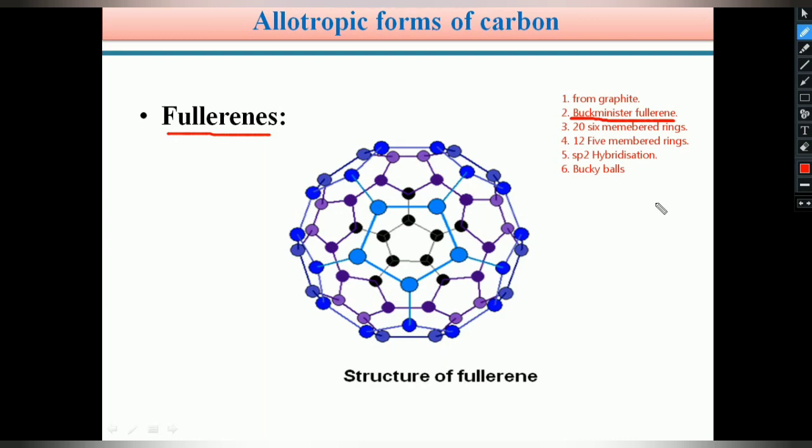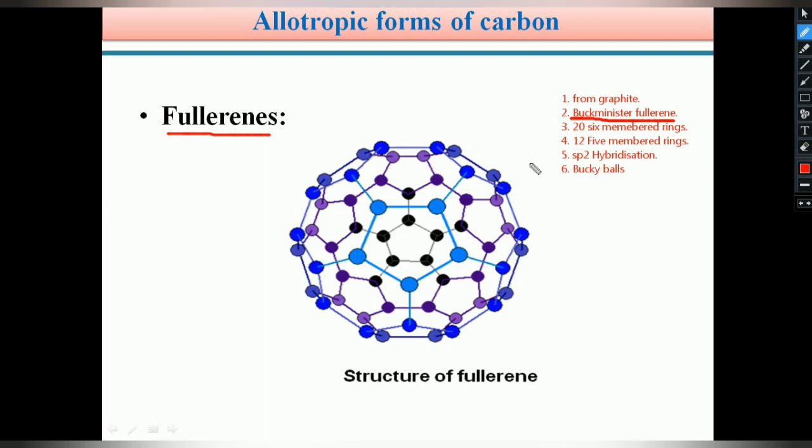This soccer ball structure is called Buckminsterfullerene. It looks like a soccer ball. Generally, a small amount of C70 molecules and a trace amount of condensed structures of up to 350 carbon atoms also exist with fullerene. So it mainly exists in the form of C60 molecules.